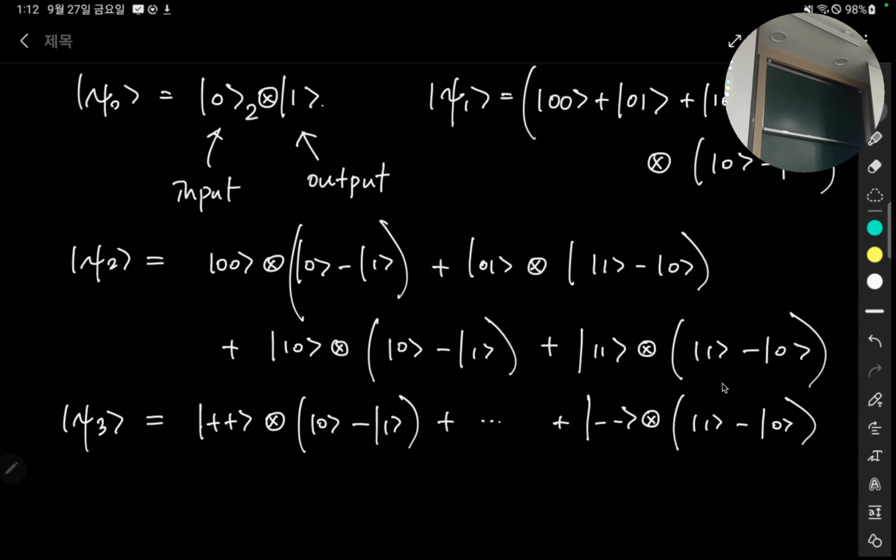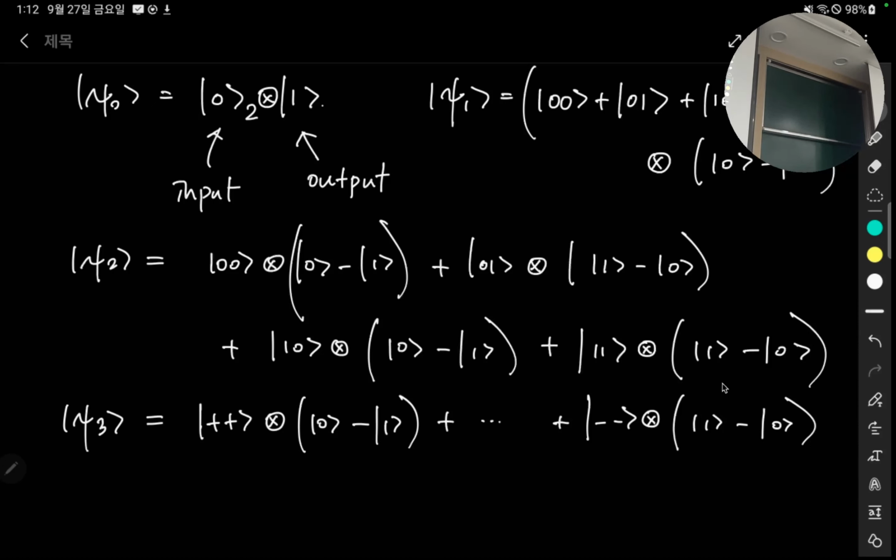So how do I get this part? One way I can get this is taking 0, 0 from here, right? In that case, I have these as my counterpart for the tensor product.